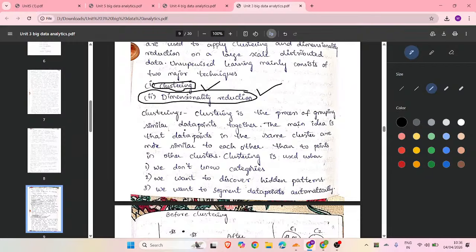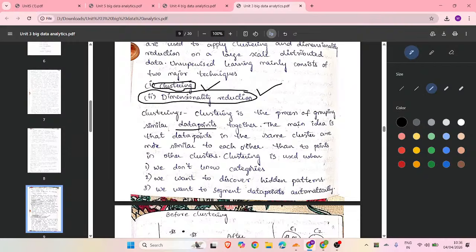Which means I am grouping the same gender in one row and another gender in another row. That type of thing we call clustering. So clustering is a process of grouping similar data points, girls one side and boys one side.